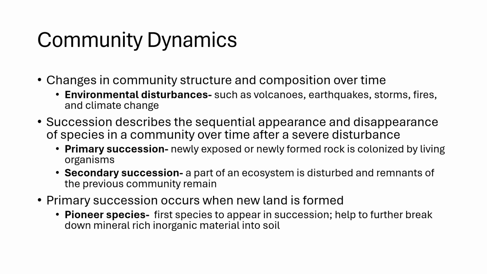They're the first species to appear in succession, and they can help to process and sort of pave the way for these secondary successors. But in a secondary succession, you're taking an existing ecosystem, disturbing it, but perhaps not destroying everything. There'll still be remnants from the previous community, and so you'll see there be a cycle where these remainders sort of fill in.